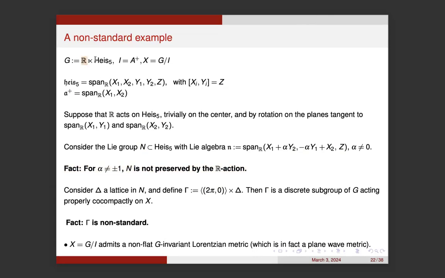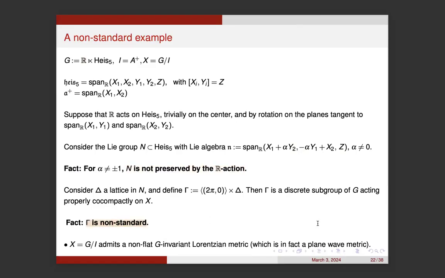And if I take the intersection of L with the Heisenberg group, it will be exactly N. This means that there is a one-parameter subgroup of J with non-trivial projection to R, which preserves this subgroup N. And this fact says that for alpha different than plus and minus 1, N is not preserved. So gamma is not standard.